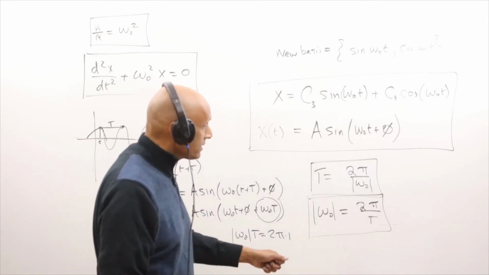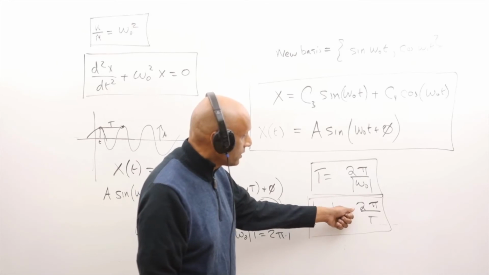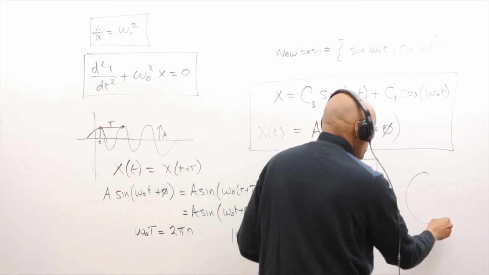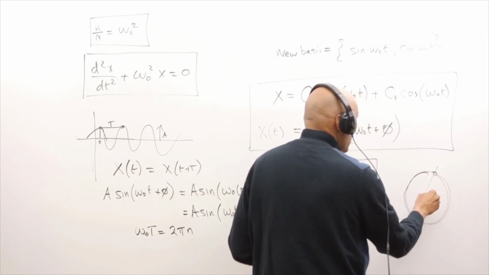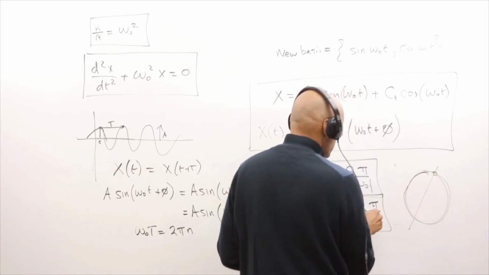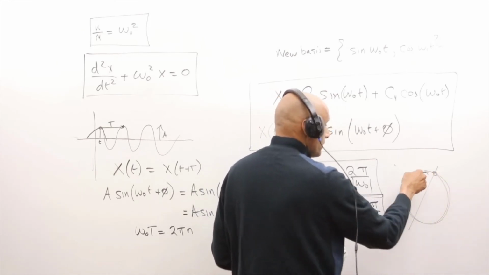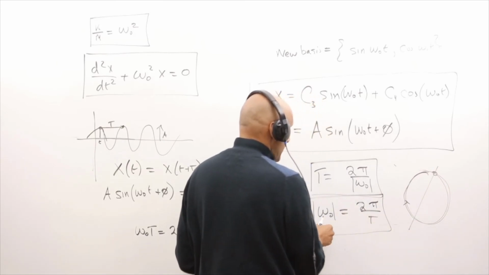If you have a system with a period of T, we know that its angular frequency is 2 pi over T. If you have a system like an object going around in a circle, it does 2 pi radians in a time period T. So if you have an object uniformly traveling in a circle, we're expecting that 2 pi over T is the angular frequency.